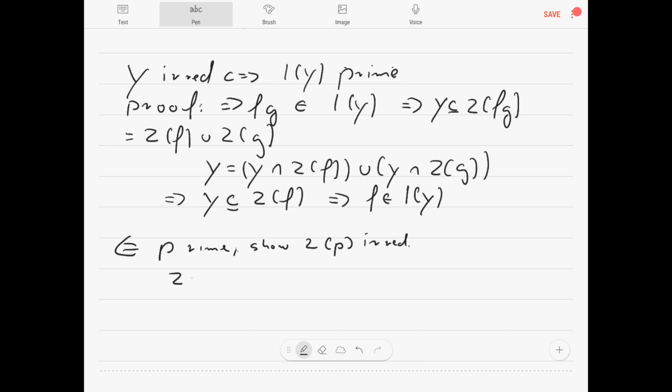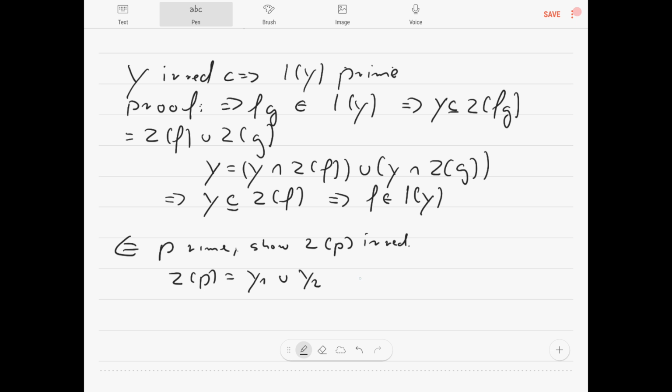So assuming that we have written Z of P as a union of two closed subsets, so Z of P is Y1 union Y2, we need to show that either Y1 or Y2 or both of them is indeed all of Z of P. This would show irreducibility.